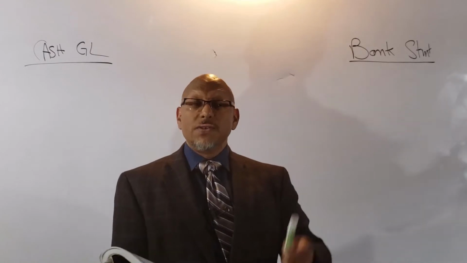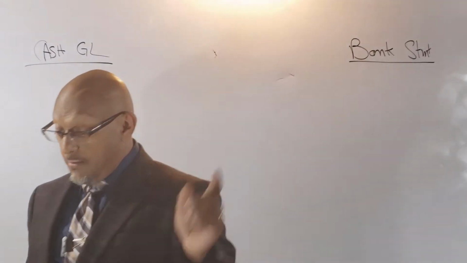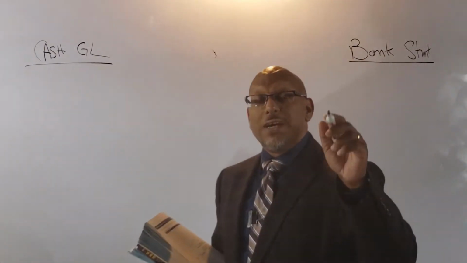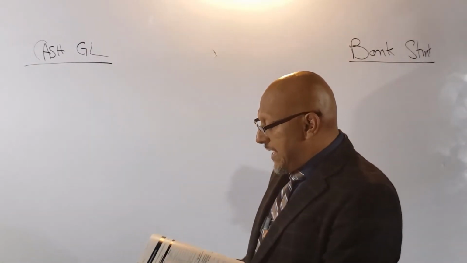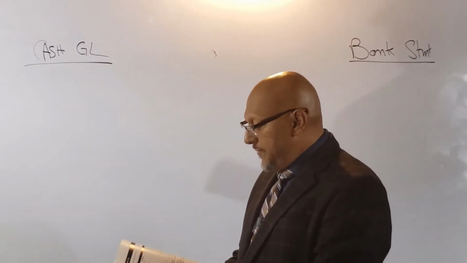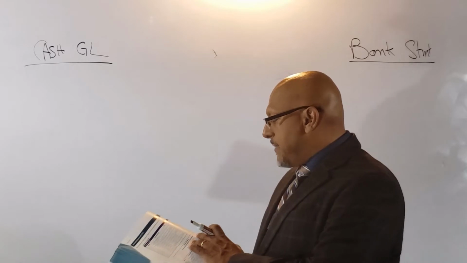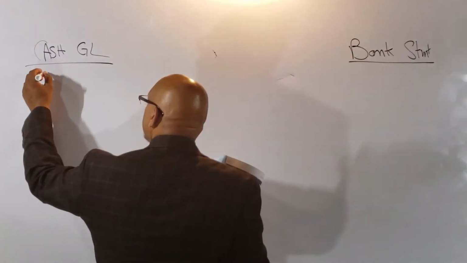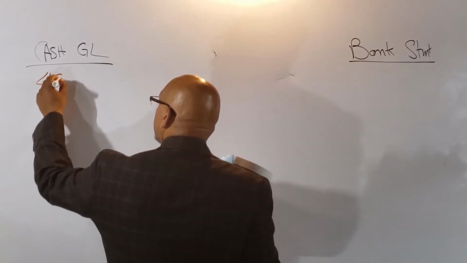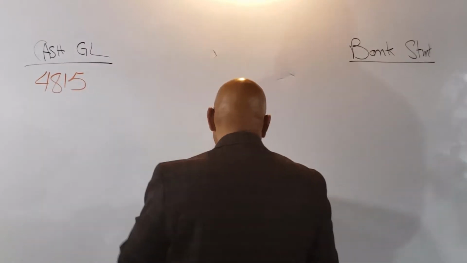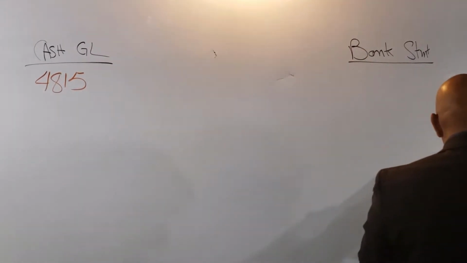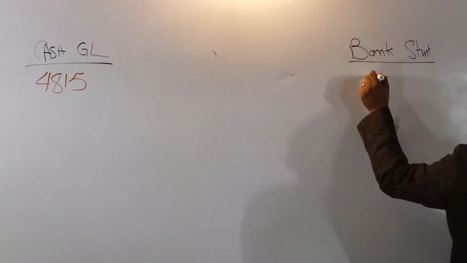So the first thing we do is write down the two balances. What is the ending balance of the GL? The ending or closing balance is $48.15. And the closing balance of the statement says $2,000.